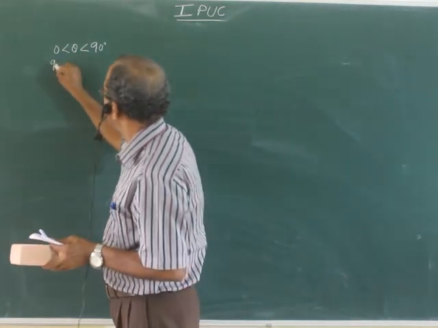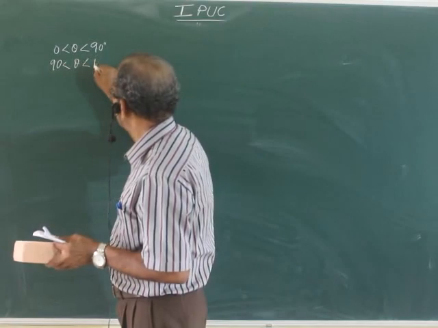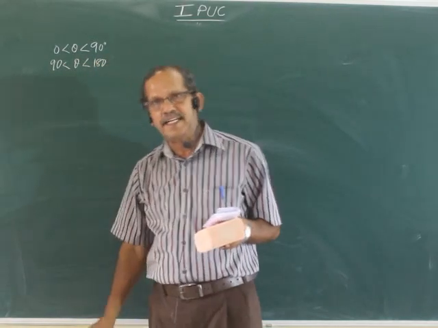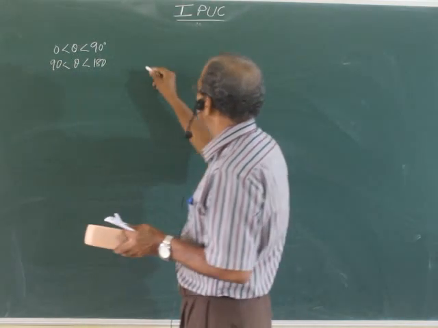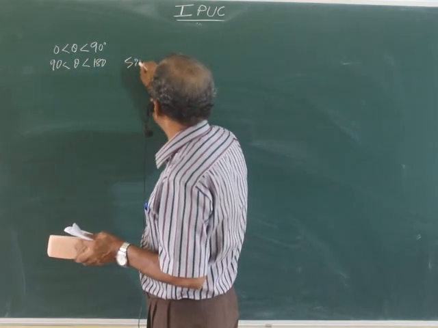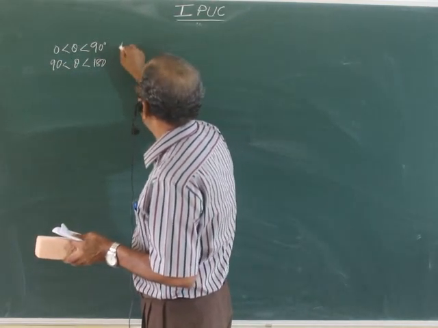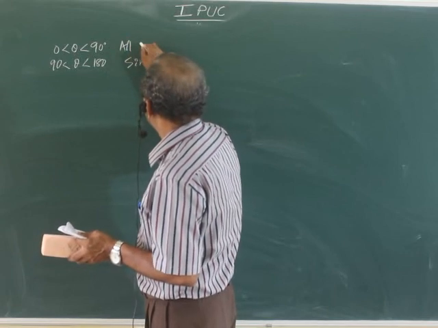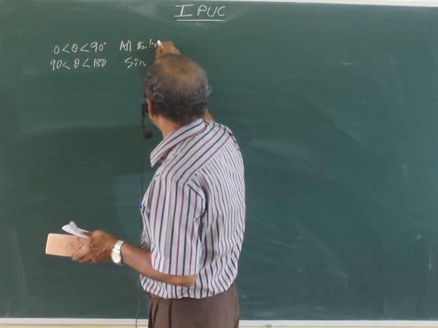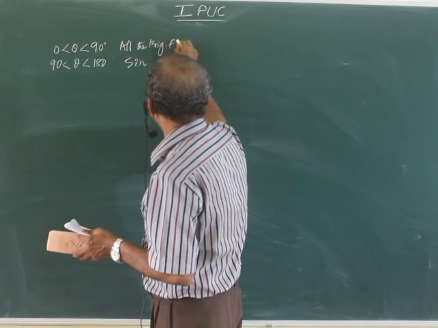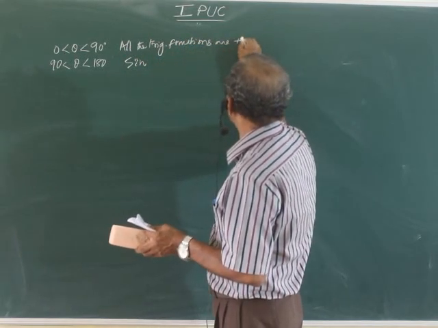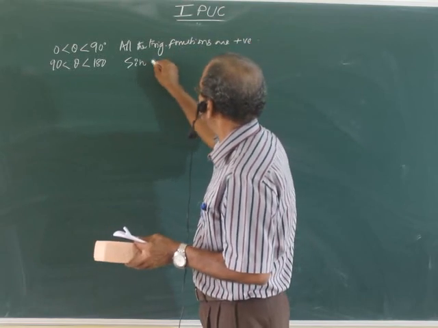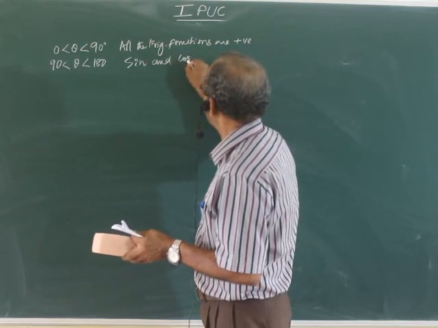In the second quadrant, that means if the angle is greater than 90 but less than 180, you have seen that sine and cosecant are positive.